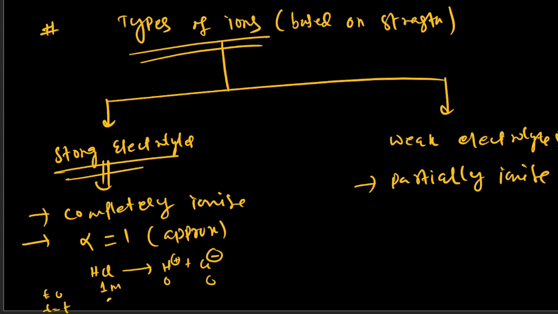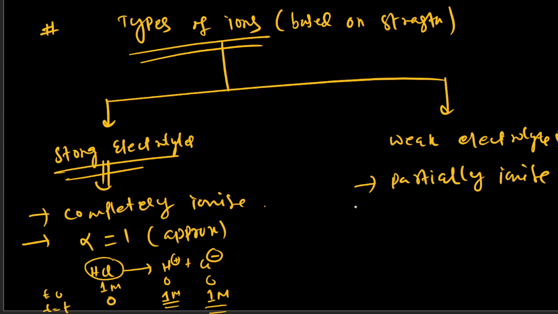At time t it is fully ionized, so we get 1 mole of H plus and 1 mole of Cl minus. No HCl molecule is present, only ions. So alpha is approximately equal to 1.